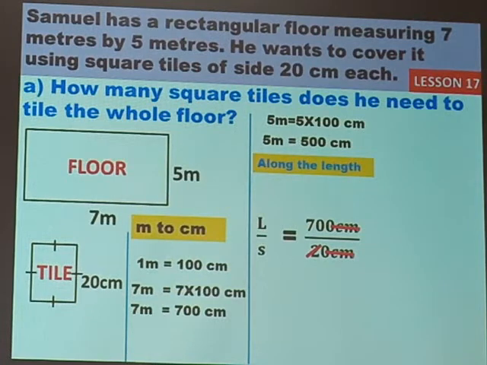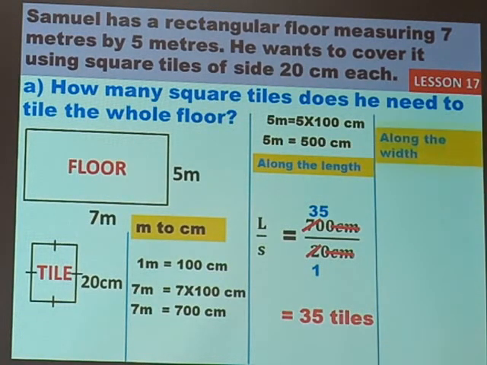So 2 divided by 2, we shall get 1. Now 70 divided by 2, what shall we get? We get 35. So along the length, we can fit 35 tiles only. We can't go beyond that. After along the length, we need to look at how many tiles we can fit along the width of the floor.